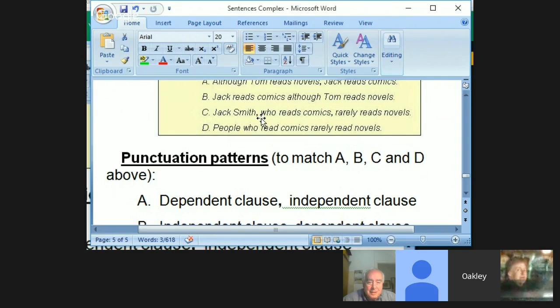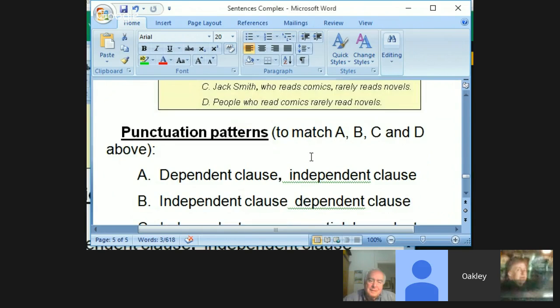The fact that he reads comics, or the fact that he rarely reads novels? The fact that he rarely reads novels. We know that because who is a relative pronoun. So we can't say bananas, chocolate is good to eat. That doesn't make sense. We can't have two subjects. Yes. Two subject nouns together are nonsense.